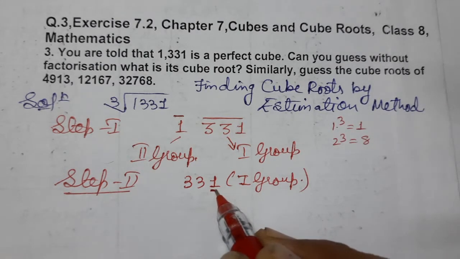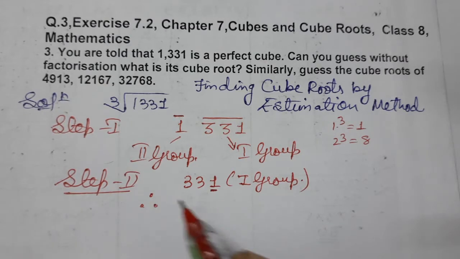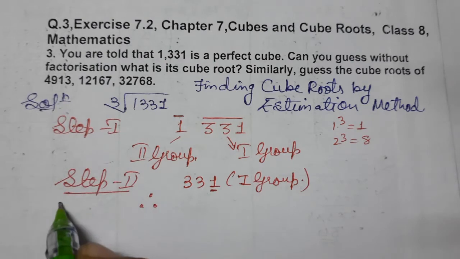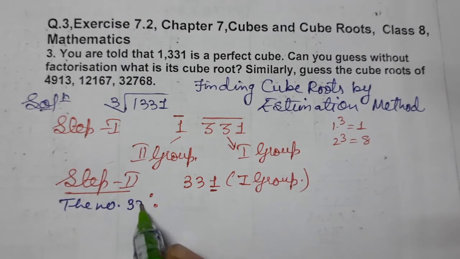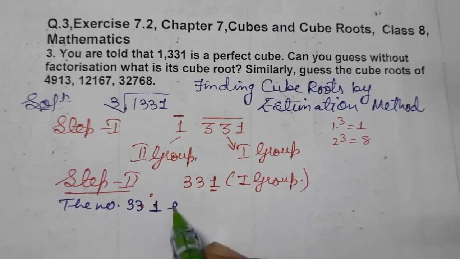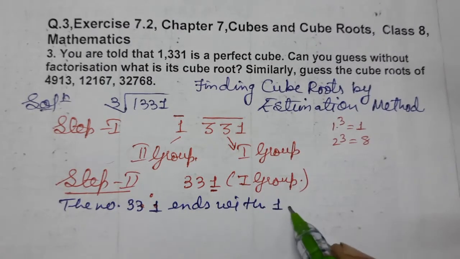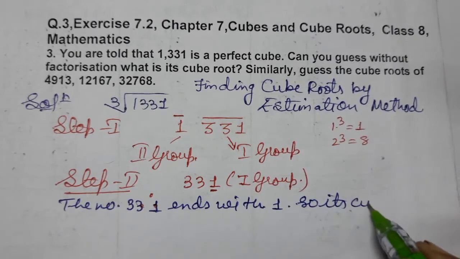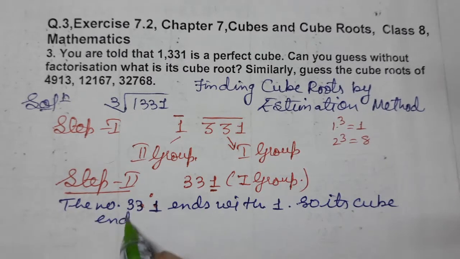So what will be the ones place? Therefore, for the first step, you can write: the number 331 ends with 1, so its cube root ends in 1.